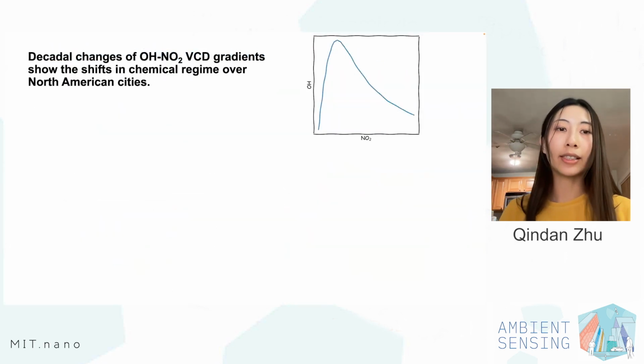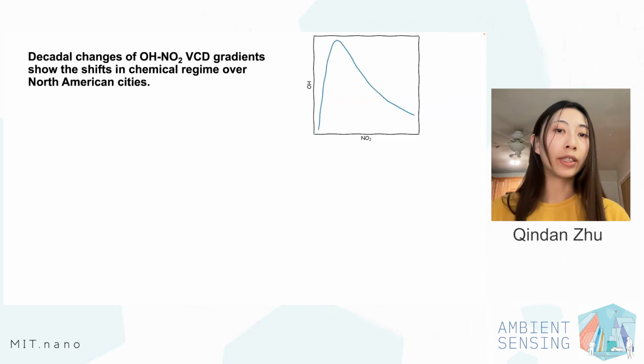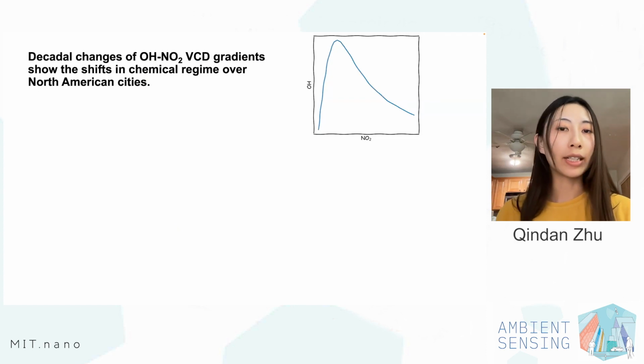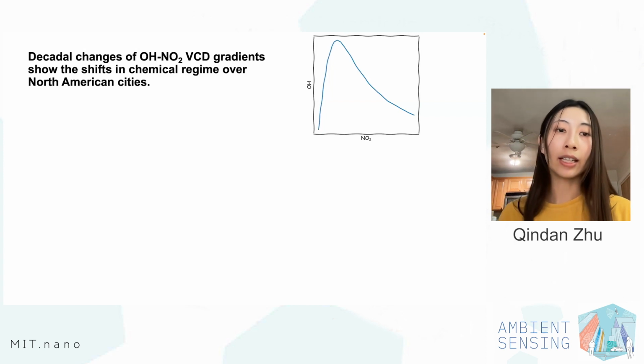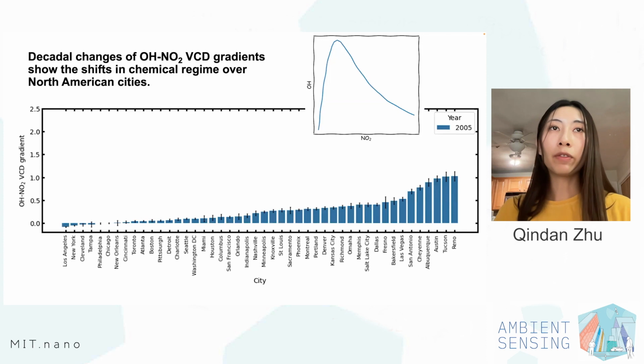Okay, now we can extend this analysis of the OH versus NO2 gradient to these 49 North American cities in total, and I'd like to convince you that this gradient really serves as a great proxy for the chemical regimes governing the corresponding urban environment. First of all, I'm showing the gradient in 2005 in these 49 North American cities.